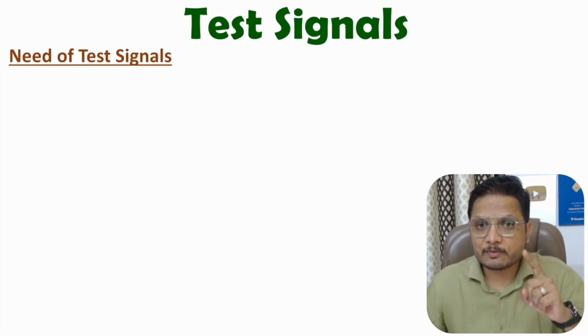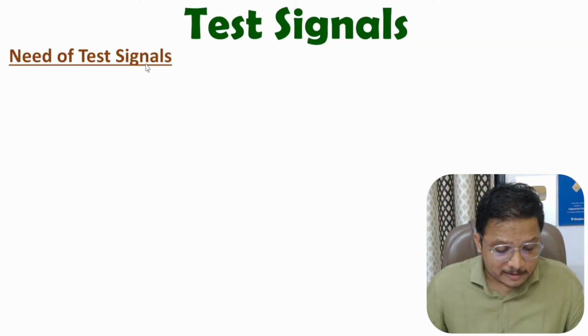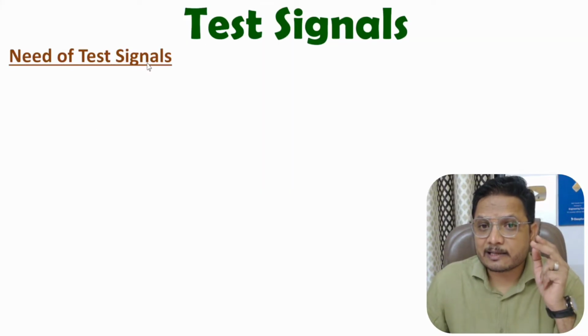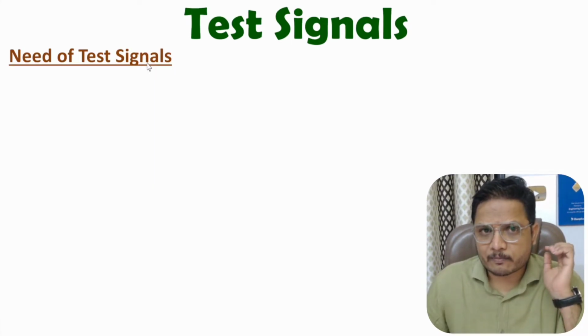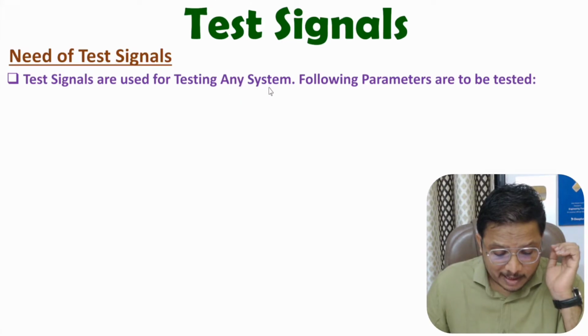So let us start this video with the first agenda, that is the need of test signals. See, test signals are used to test any control system. So using test signals, we can test any control system. With any control system, at input, we give test signals and we analyze different parameters.